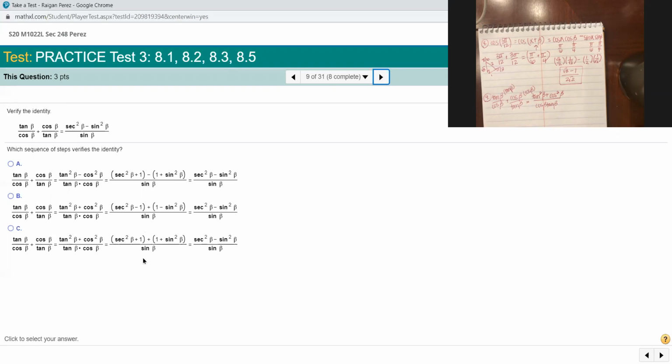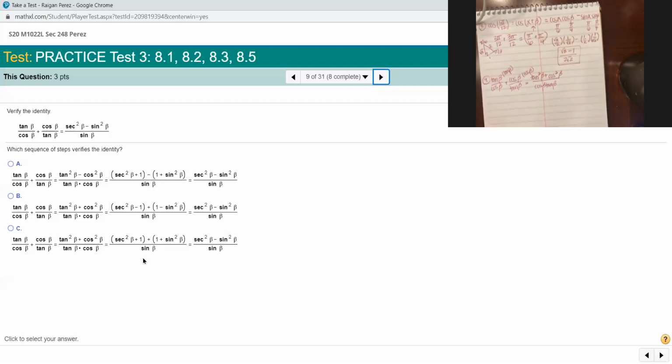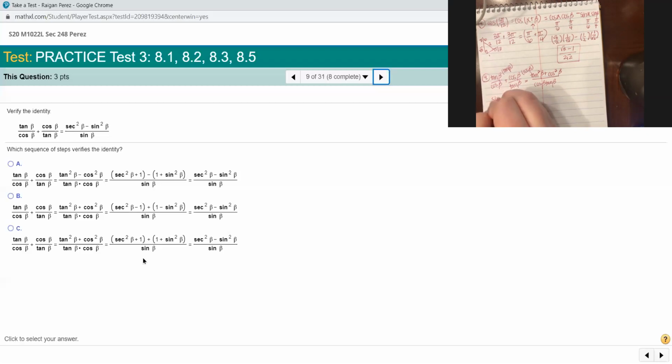Okay, so your Pythagorean identities are not on your formula sheet. But the one that I do know, I'll write down, is I know that sine squared theta plus cosine squared theta equals 1.